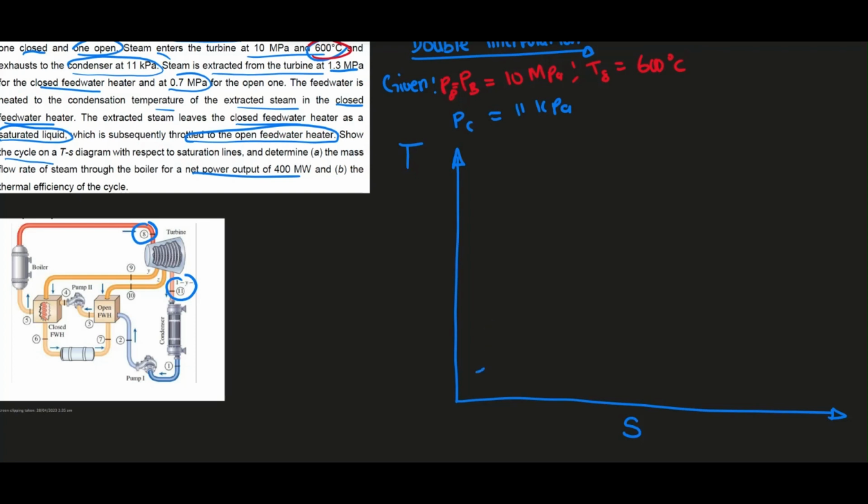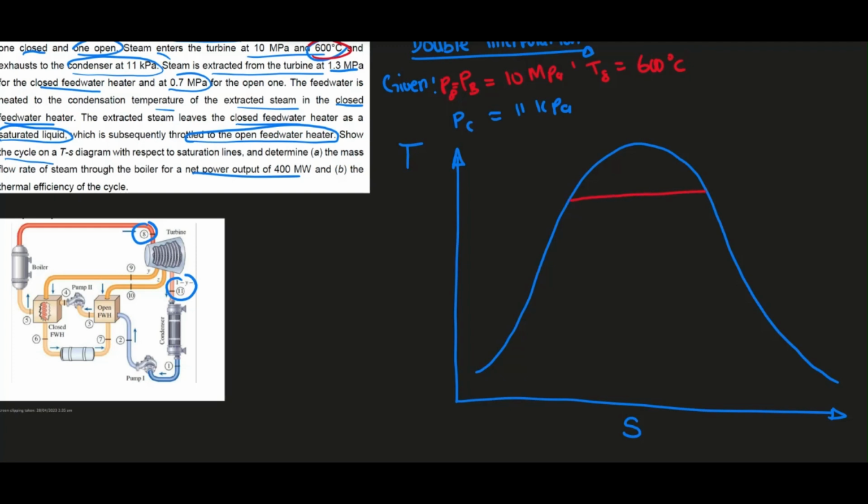And as usual, I'll indicate the saturation dome, and our whole plant operates between the maximum pressure of 10 megapascal and the lowest pressure of 11 kPa. So I'll just go ahead and indicate that on TS diagram.